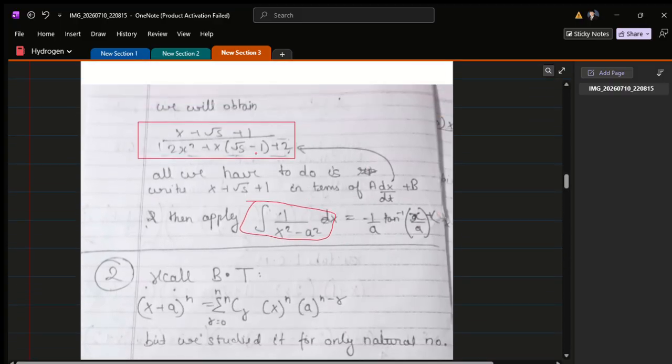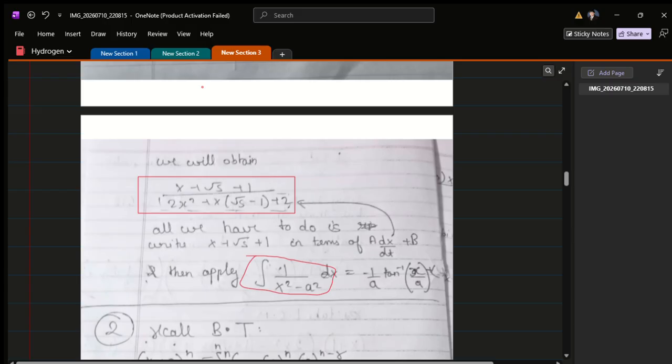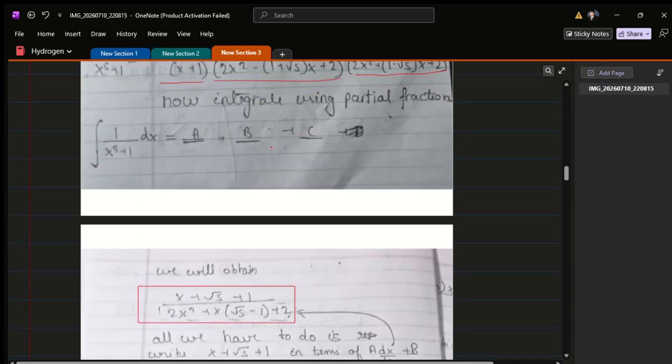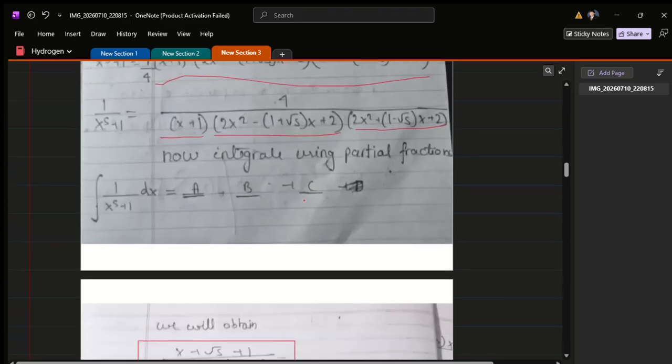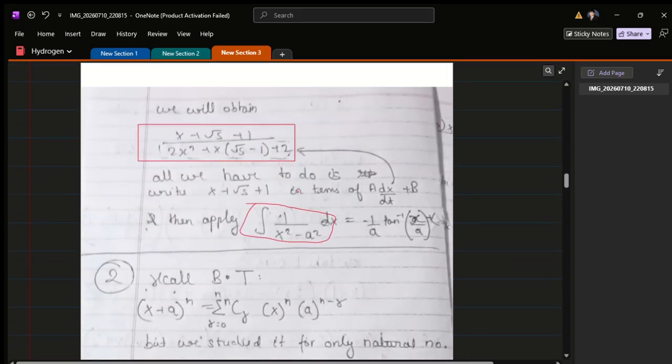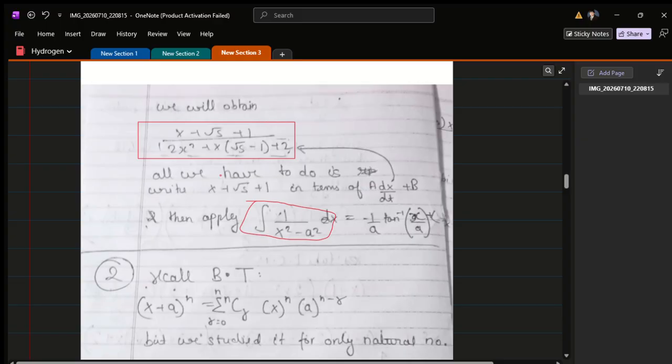But you know, this is going to be very complex, very tedious, very hard to do by hand. So rightfully the main character had decided to drop this method and jump over to binomial theorem's Taylor expansion.